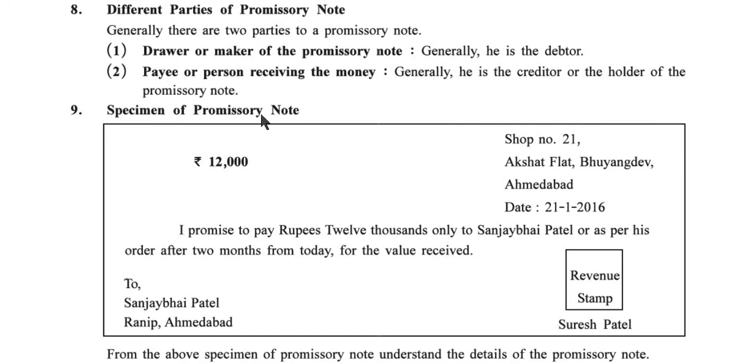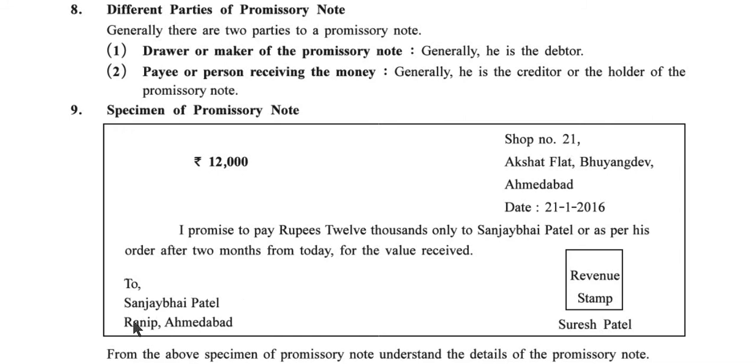Now, specimen of promissory note. Shop number 21, Akshat Flat, Bhuyang Dev, Ahmedabad. Date 21 January 2016. Rupees 12,000. I promise to pay rupees 12,000 only to Sanjay Bhai Patel or as per his order after 2 months from today for the value received.